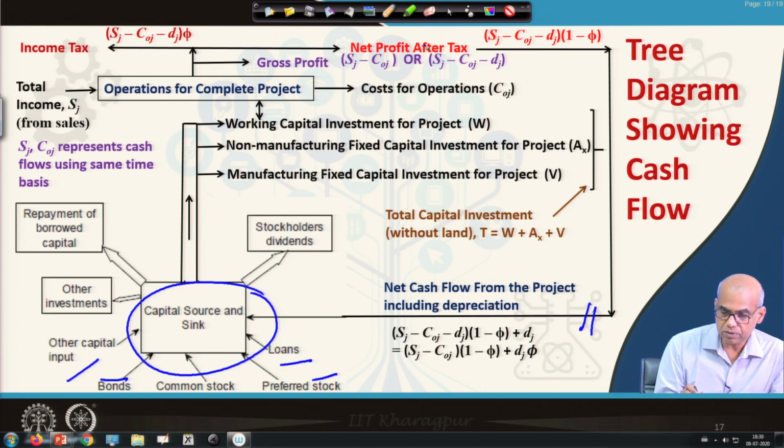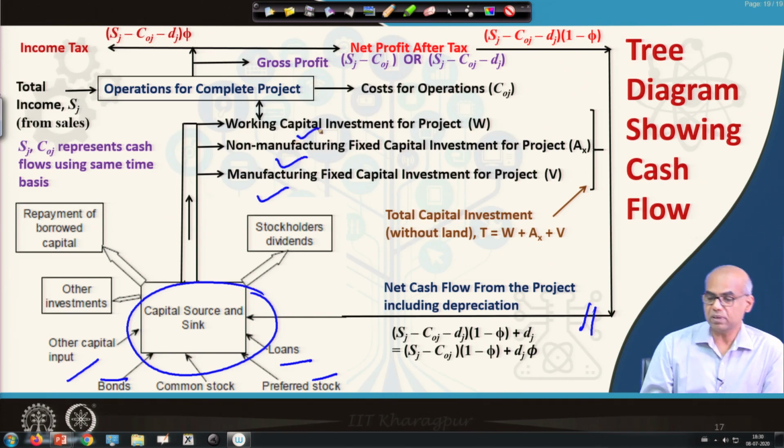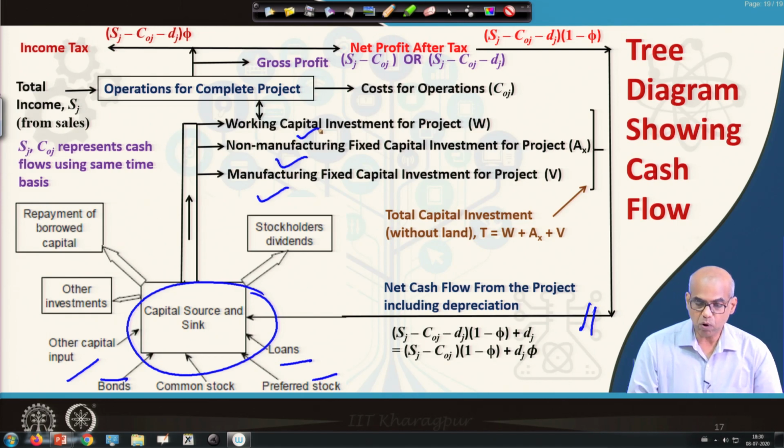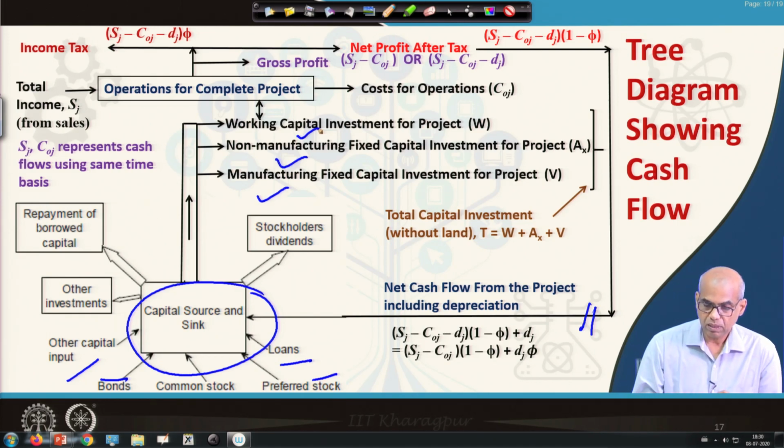The main output is manufacturing fixed capital investment and non-manufacturing fixed capital investment, which together are fixed capital investment, as well as working capital investment. The sum of working capital investment, non-manufacturing fixed capital investment and manufacturing fixed capital investment gives you total capital investment. Note that land is not included here. Oftentimes land is a small fraction of the total capital investment, so it is not included here.